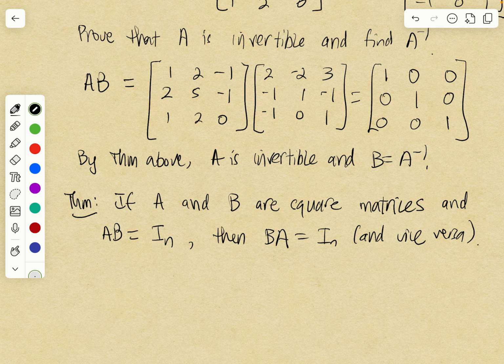A times B is not in general going to equal B times A. Sometimes for particular A's and B's, they're the same, but most of the time, unless you're lucky, they're not going to be the same. But what the theorem is saying is that if you do A times B and you get the identity matrix, in that case, A times B is the same as B times A.